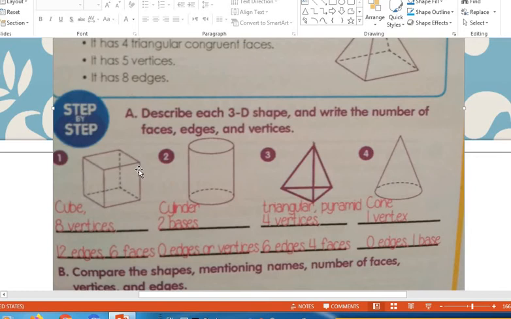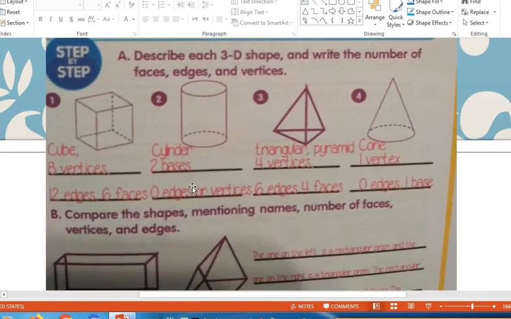This one. 1, 2, 3, 4, 5, 6, 7, 8, 9, 10, 11, then 12. 12 here because it's a common side. So you can count the edges by yourself.